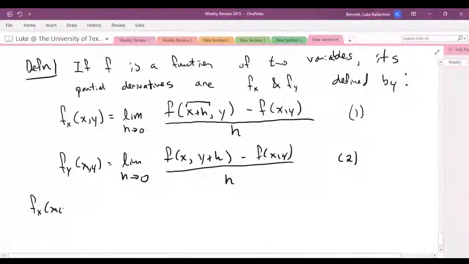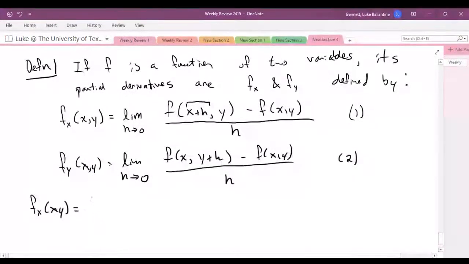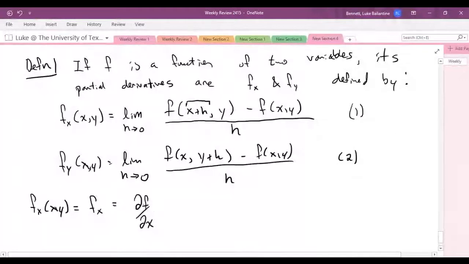f sub x of xy, the partial derivative of f with respect to x. That's not a 2, that's like a weird d.